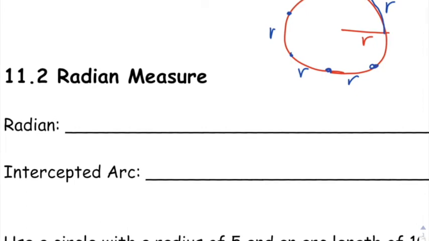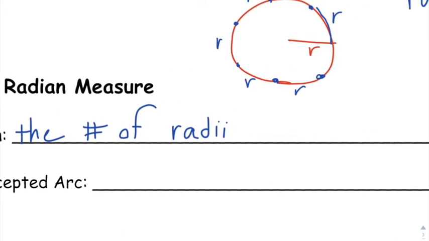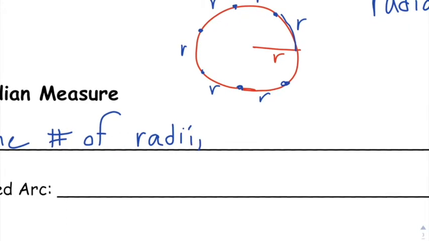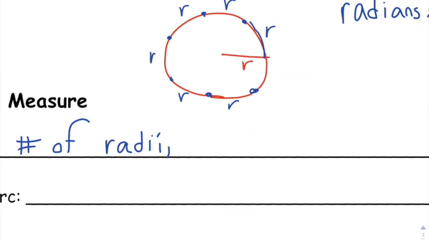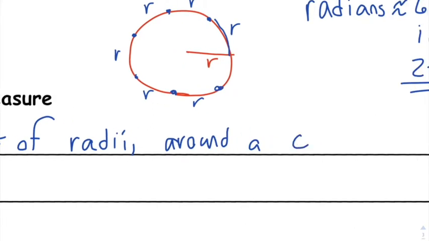So we can say the number of radii, multiple radiuses, in a round, let's use that word, around a circle.